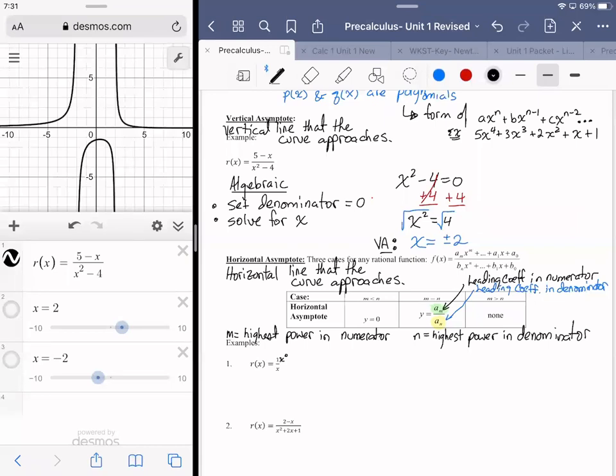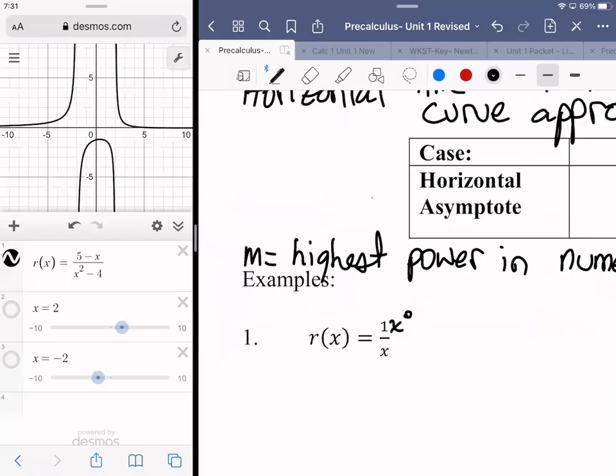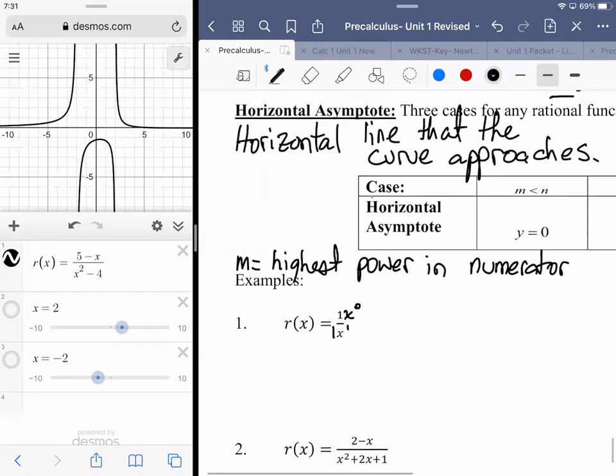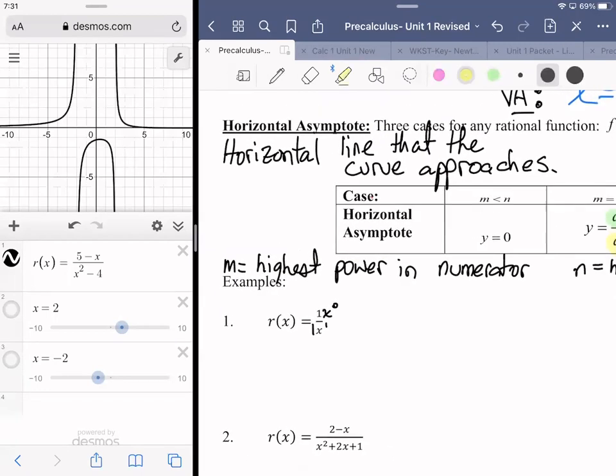All right. That x on the bottom can be written as 1x to the first. So the powers between the top and the bottom, that top power, we call that m. That bottom power, we call that n. We look for the relationship between m and n.